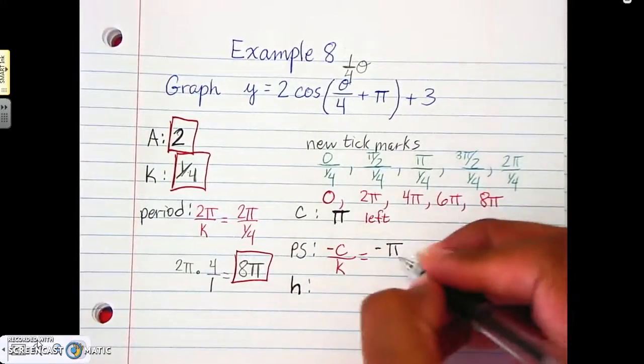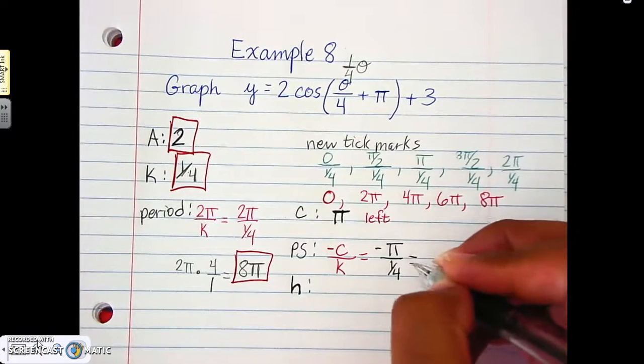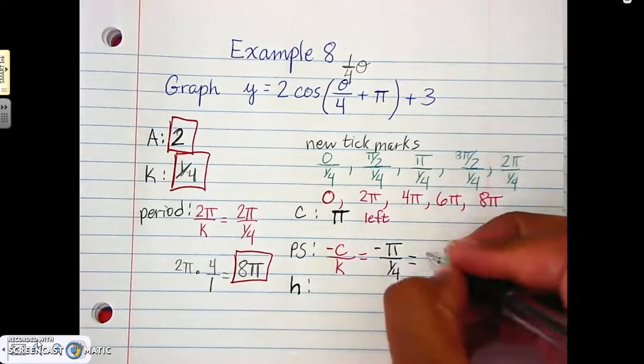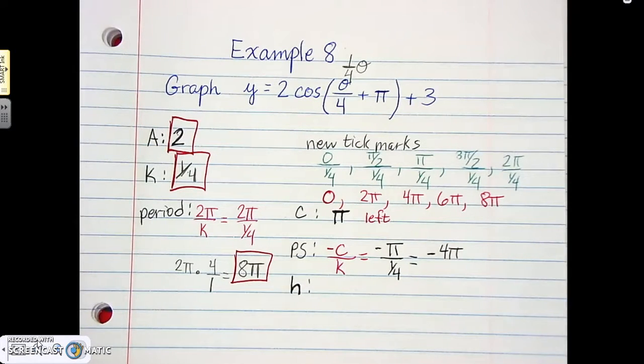We know K is 1/4. All right, again, we keep, change, flip. It's going to give us a negative 4 pi. Again, remember, I'm going to let you try to remember how to do that, because I'm not going to give that to you this time. And again, if you need help, call me over.